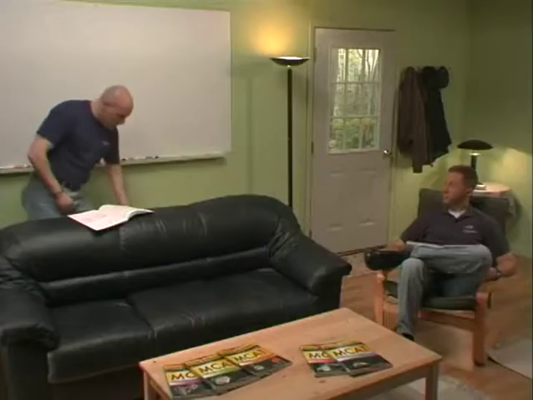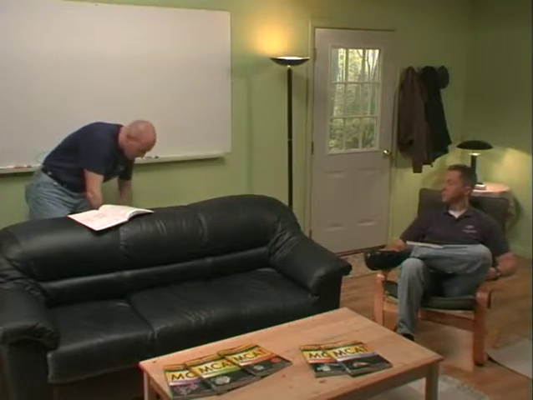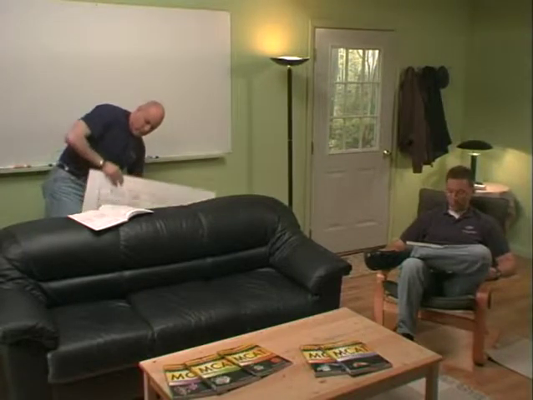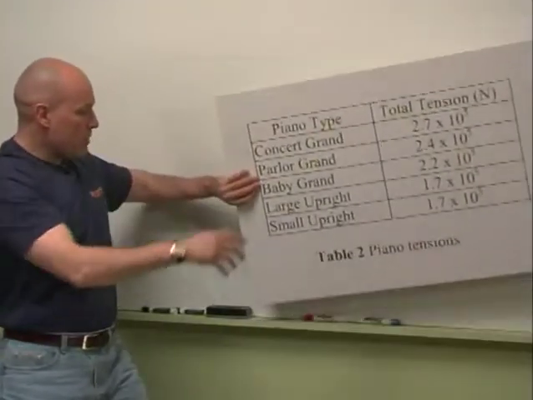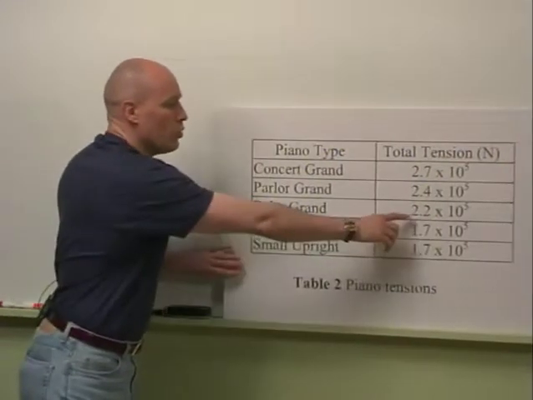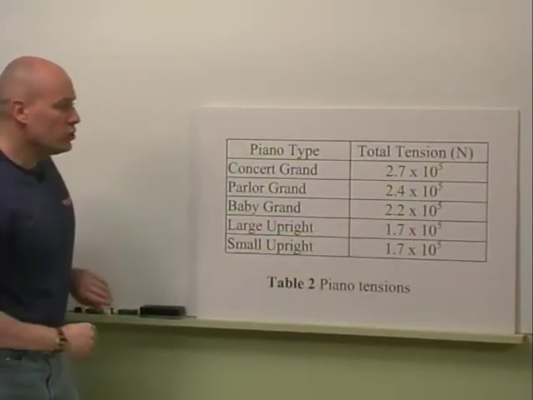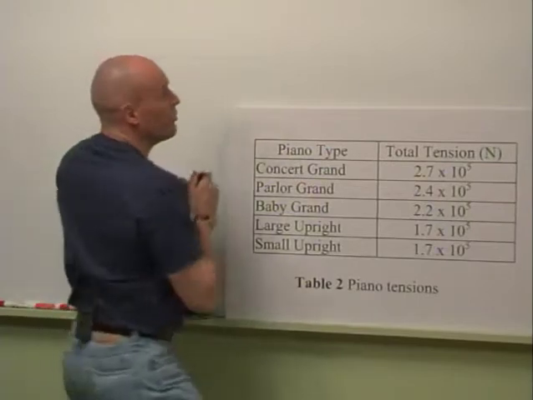Passage 10, question number 61. Which of the following could be the average tension in each wire of a baby grand piano? To do this, we need to take a look at Table 2. Under baby grand piano, we've got the total tension of 2.2 times 10 to the 5th.